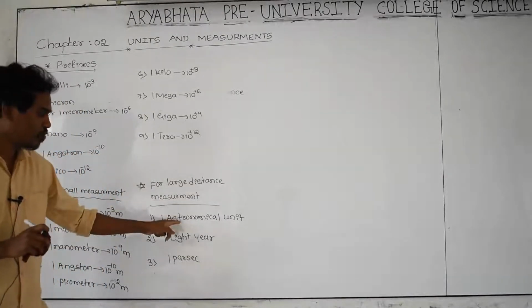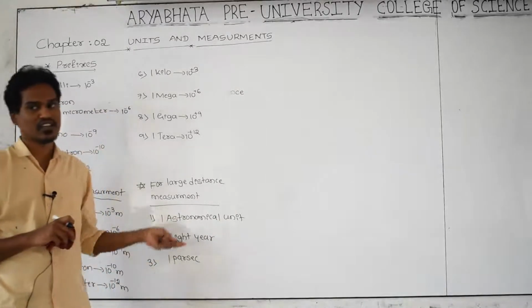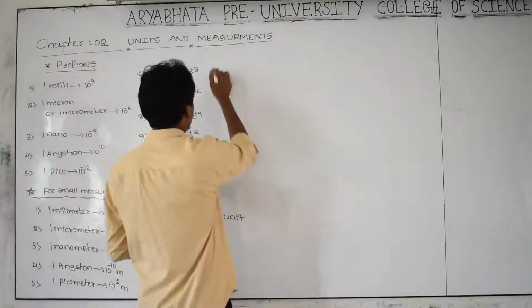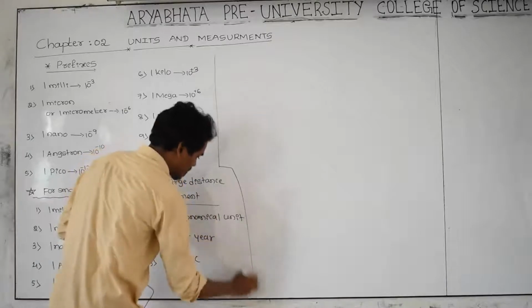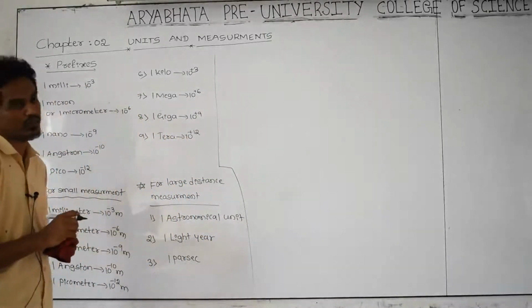What is 1 AU, astronomical unit? What is 1 light year? What is 1 parsec? We'll study these now, and they are very important for examination.